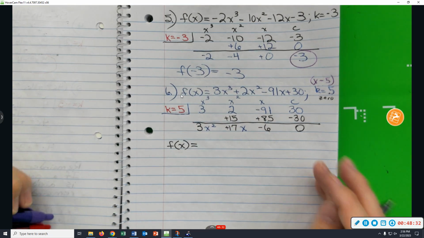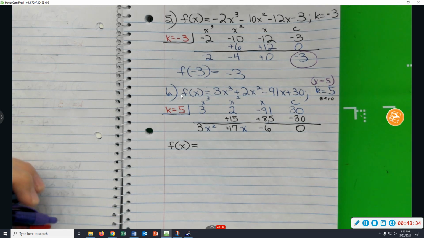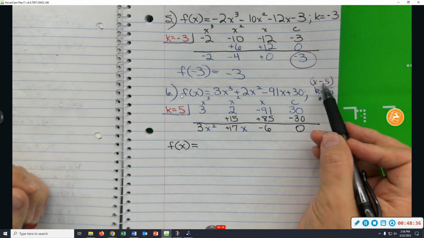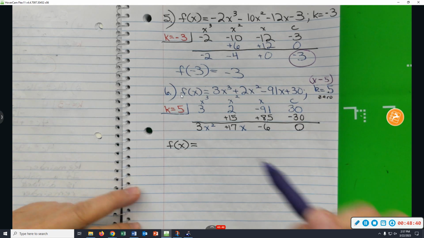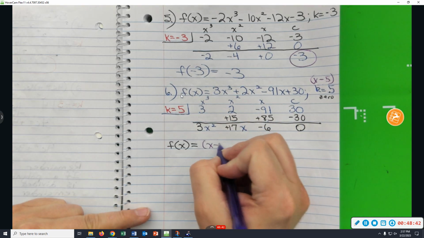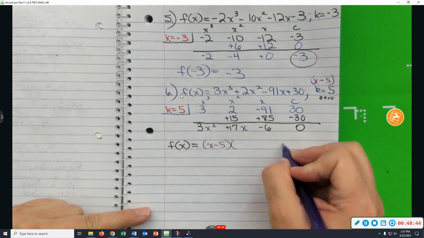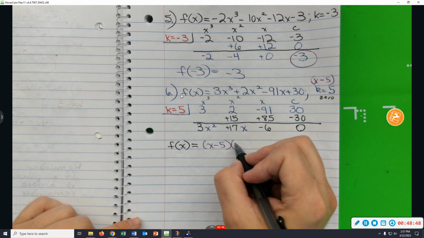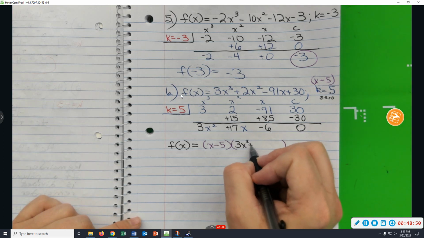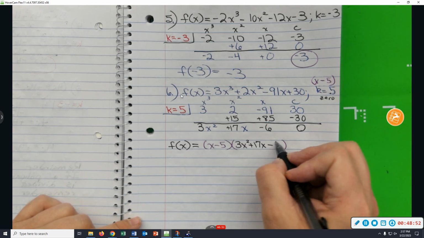Factoring just means write it as a product. And we have it as a product. We could say it's x minus 5, the factor that's associated with the 0, x minus 5 times the quotient. The thing we just found, 3x squared plus 17x minus 6.